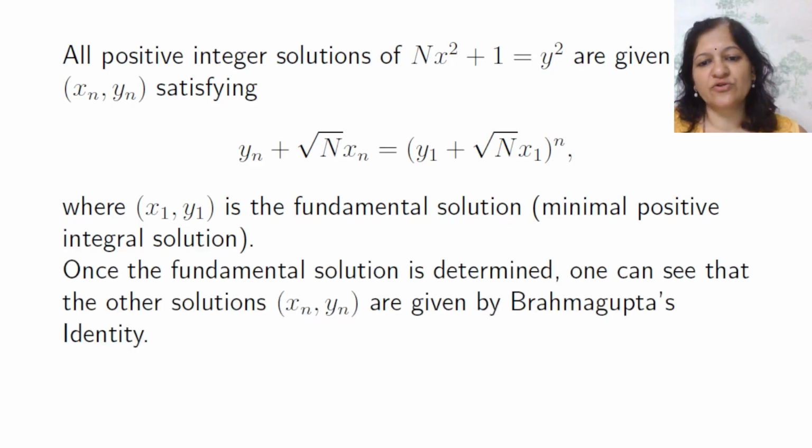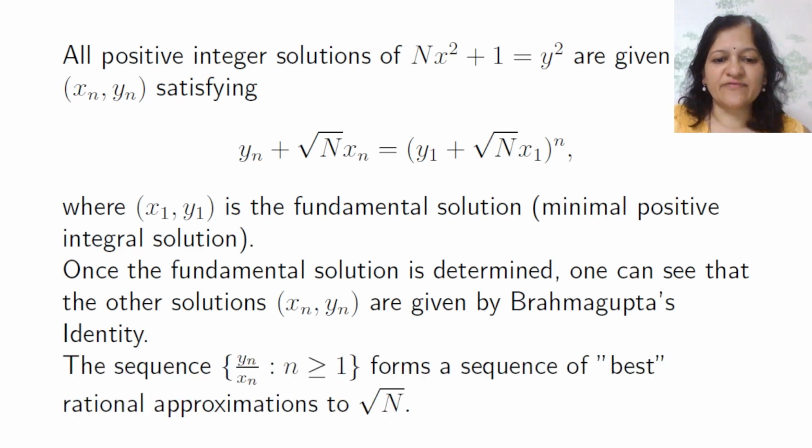Once the fundamental solution is determined, one can see that the other solutions are given by Brahmagupta's identity. So we can find all solutions. The sequence yₙ/xₙ forms a sequence of best rational approximations to the irrational number √n. Interested readers can learn about this more afterwards.